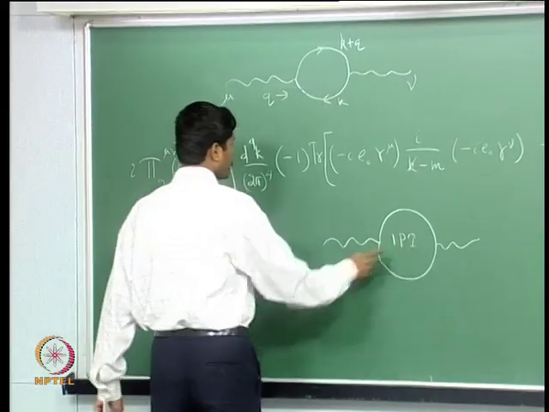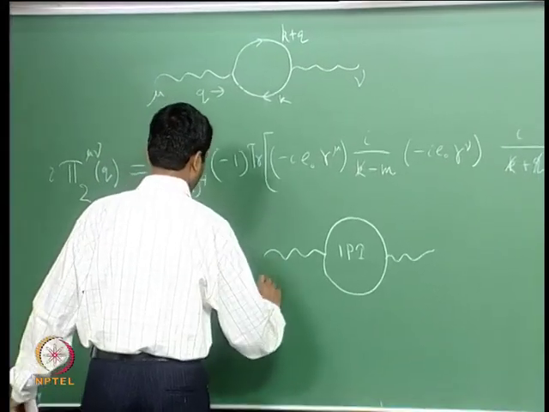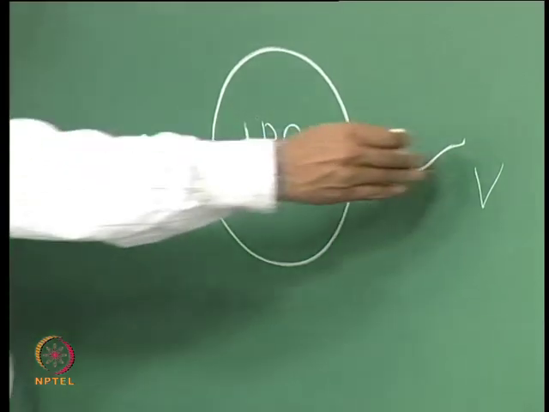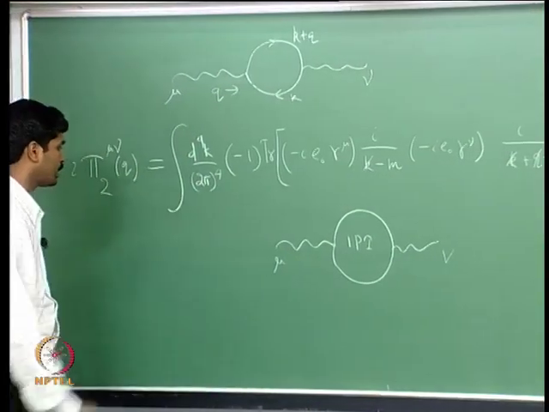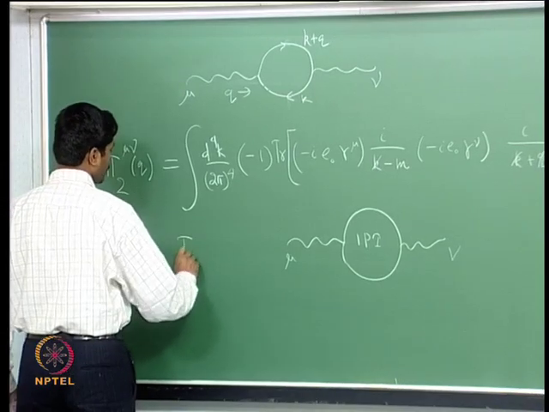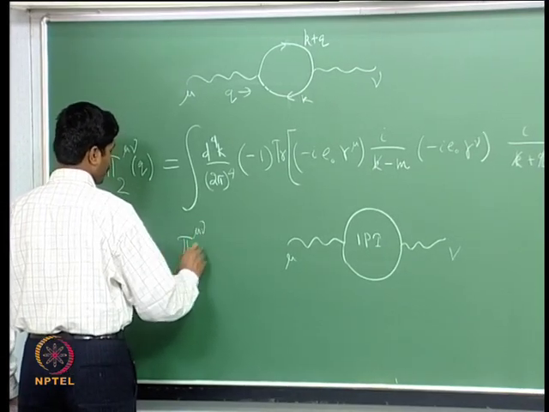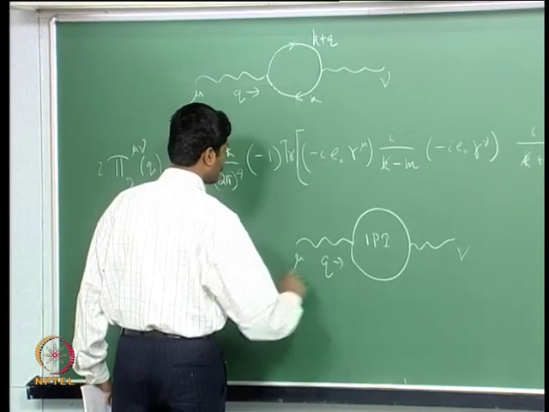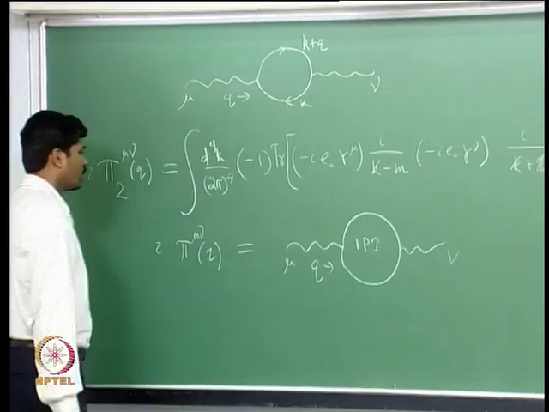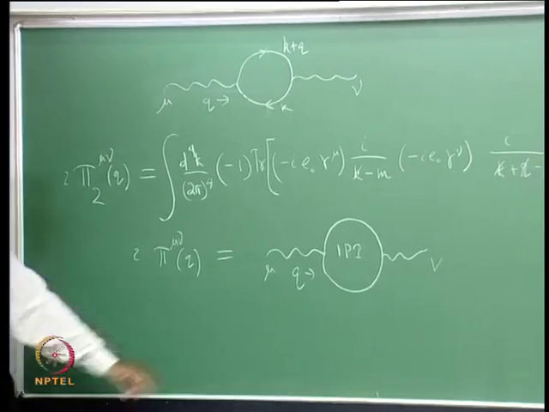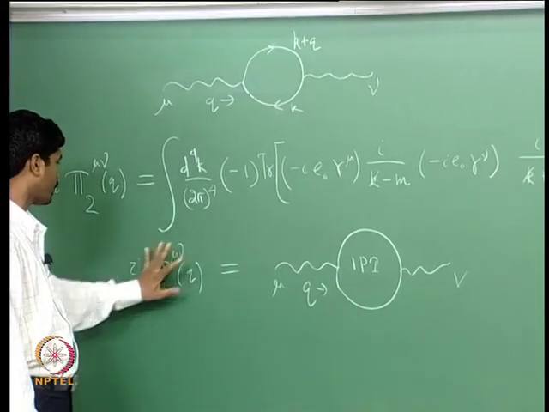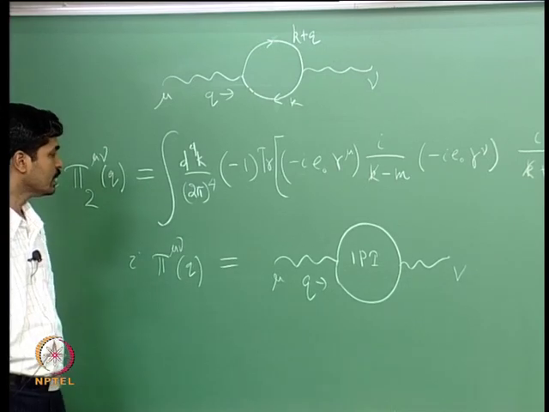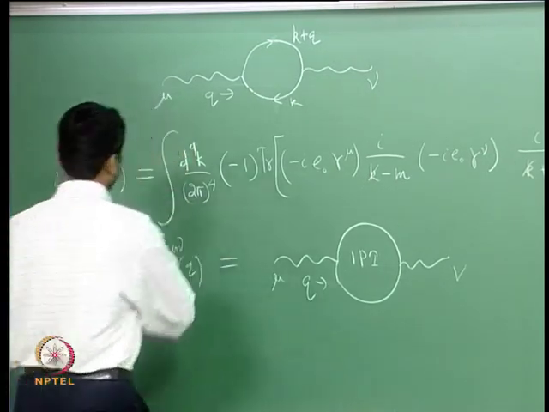So, the sum of all such diagrams I will denote by this symbol here, and I will define pi mu nu such that i pi mu nu of q, if this is q, is given by the contribution from such a diagram.